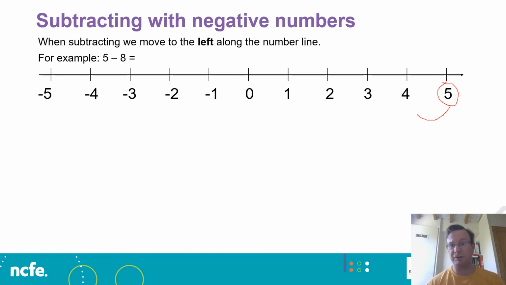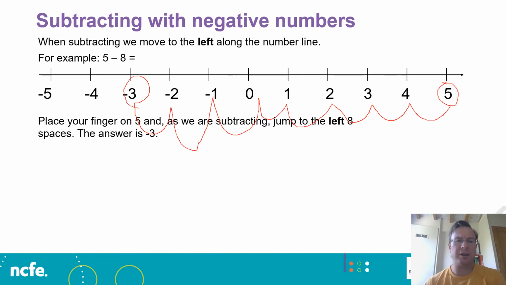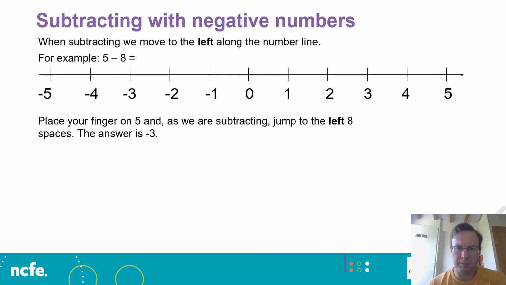That should be straightforward. 1, 2, 3, 4, 5, 6, 7, and 8. Bingo. You place your finger on the 5 and we're going all the way to the left, and you can see we've ended up with minus 3. So well done us.